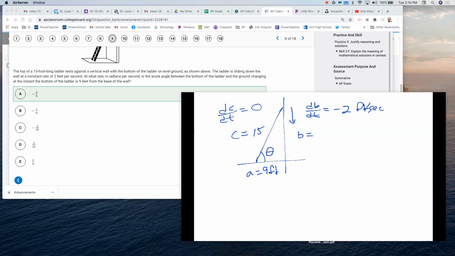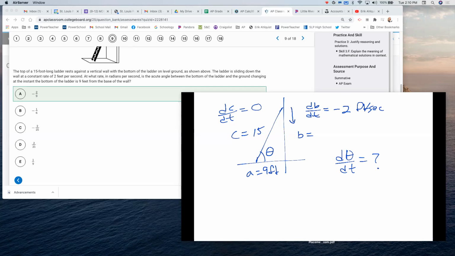Does that make sense? That's the question it's asking. Does that make sense? Okay. So on here, we can get some different information, and then we can use trigonometry to solve it.